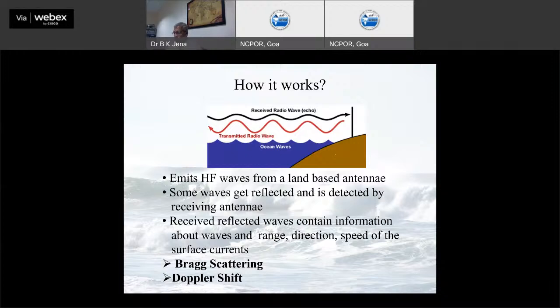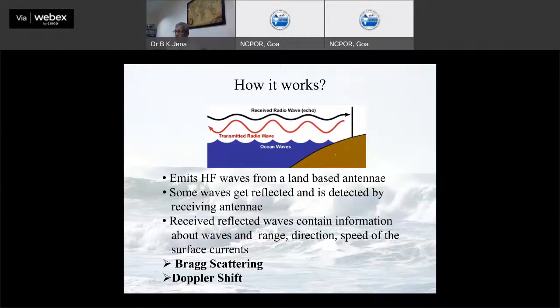Then how does this HF radar work? As I told, it emits electromagnetic waves, the high frequency waves, from a land-based antenna, that is the transmit antenna, at a known frequency.